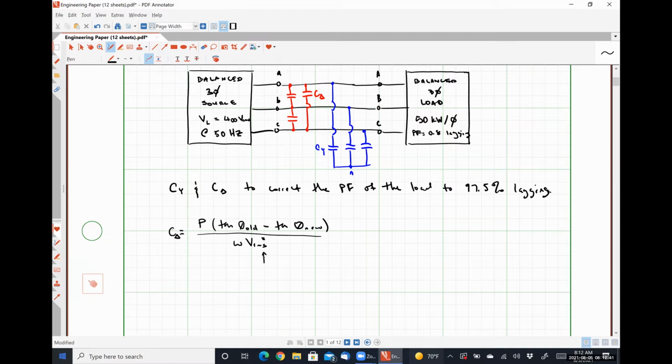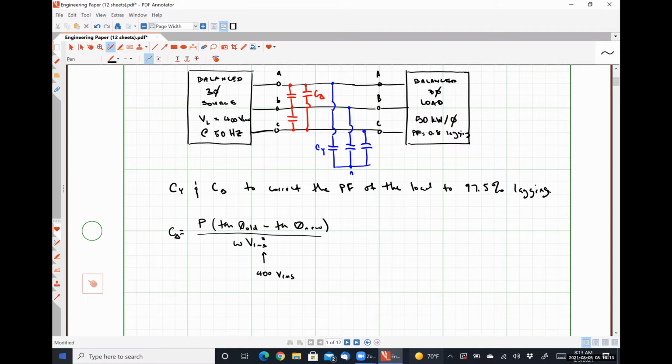You say that we know what VRMS is. So what is it? Yeah, in this case, since we're looking for the parameters for the delta connected capacitor bank, the RMS voltage would indicate the line voltages, which is exactly what we're given. So we know that is 400 volts RMS.